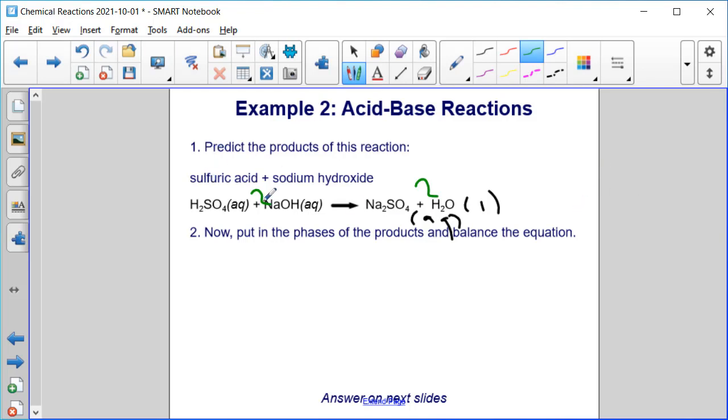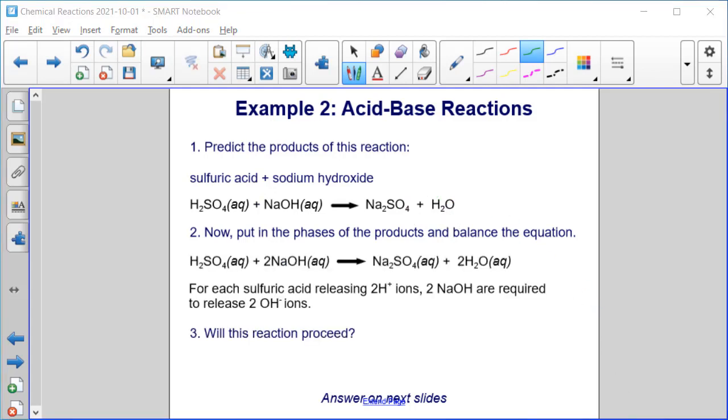Okay, so 1, 2, 1, 2 are our coefficients. Na2SO4 is aqueous, H2O is liquid. This slide confirms that answer. Our coefficients are 1, 2, 1, 2, aqueous and liquid.